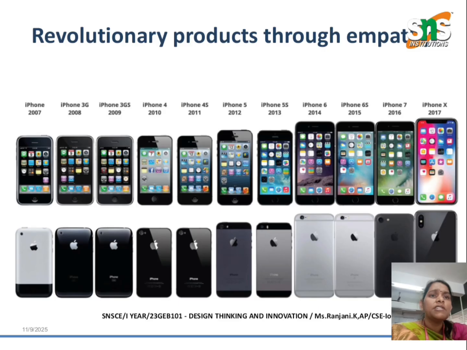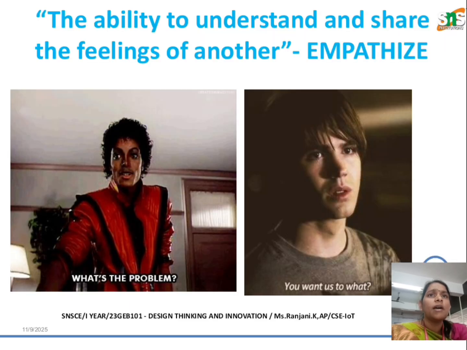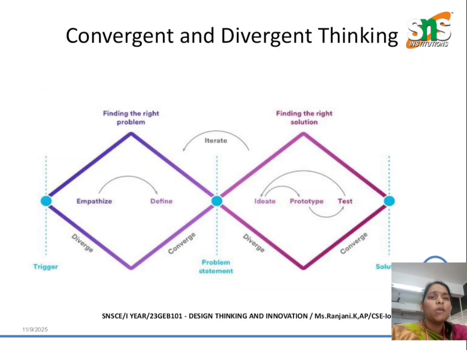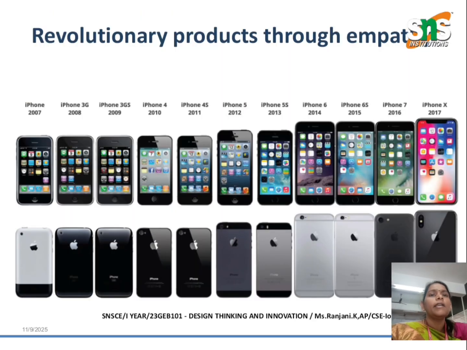Divergent thinking is asking many questions, exploring different perspectives and observing users in a real environment. Whereas convergent thinking is narrowing down, that is selecting key insights, identifying common problems and understanding the user priorities. So empathy includes the right balance of both convergent and divergent thinking.